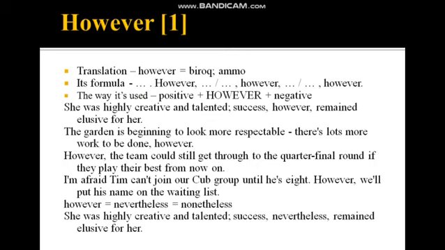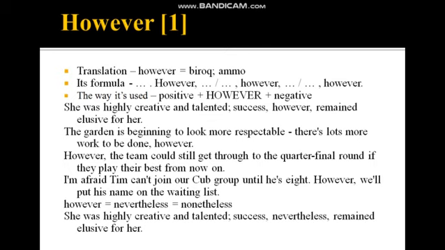So let's continue. However, the team could still get through to the quarterfinal round if they play their best from now on. See guys, if we use however at the beginning, you just put a comma after however. So I'm afraid Tim cannot join our cup group until he's 8.